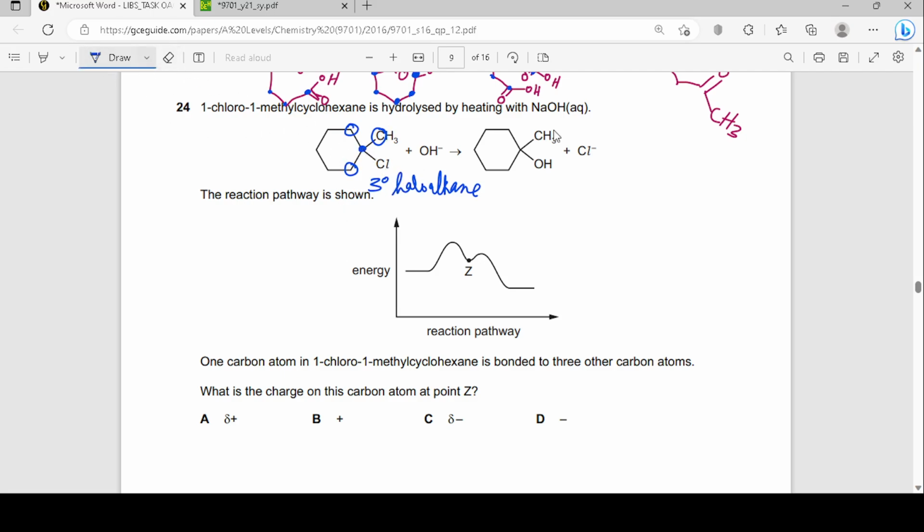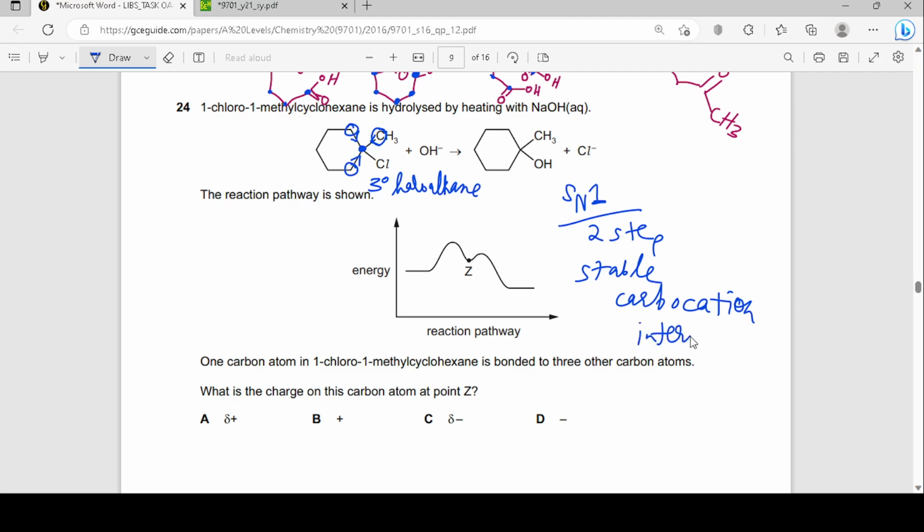So if it's tertiary, then it's going to react by SN1 mechanism, right? Which is a two-step mechanism, because there's basically three electron releasing groups on this carbon, which means that a highly stable carbocation intermediate will be formed, right? So basically this is nucleophilic substitution by SN1 mechanism, it's two-step and forms a stable carbocation intermediate, okay, because of the three R groups or alkyl groups.